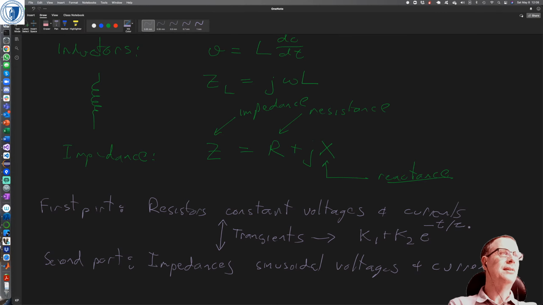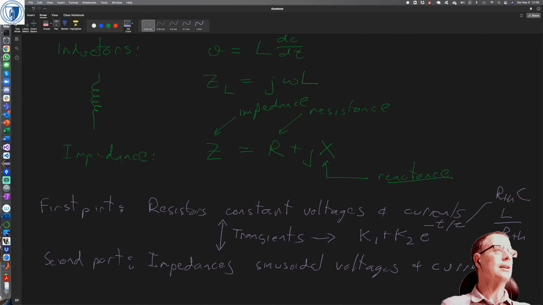And tau is either R times the capacitance or L, the inductance, divided by the resistance. So it's either RTH C or L on RTH, depending on whether the circuit has a capacitor or an inductor in it.